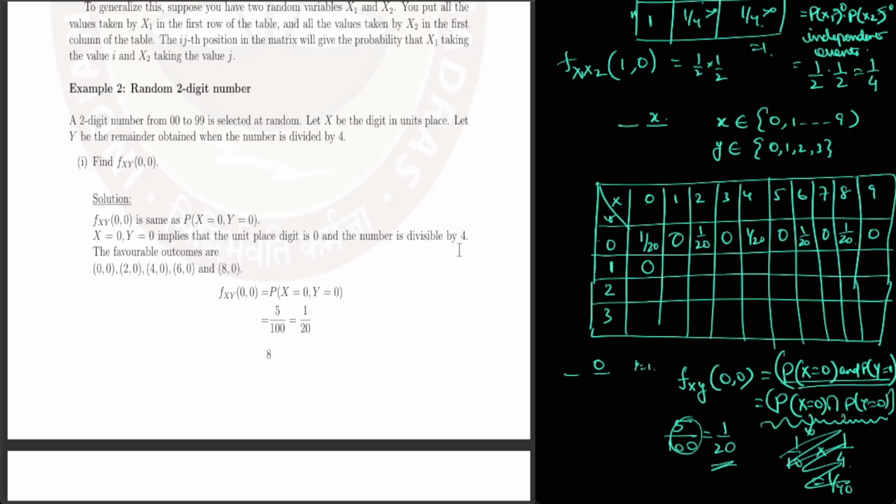We can get a number, I think 21, but x is 0 now. Okay, no, we will not get it. What are the numbers with x 0? 10, 20, 30, 40. We'll always get 2 as a remainder, or it will be divisible by 2 and 4. So this will be 0.